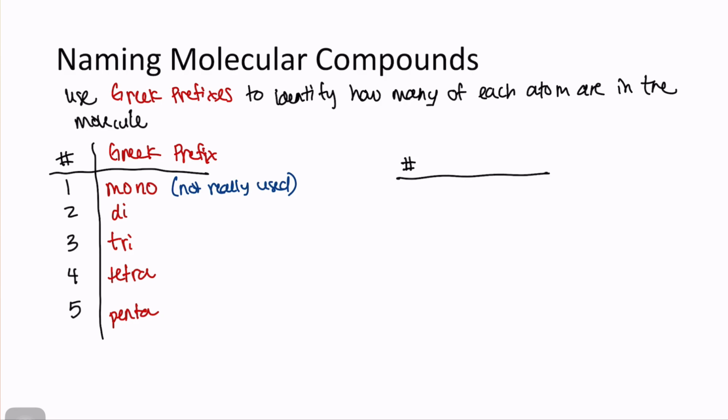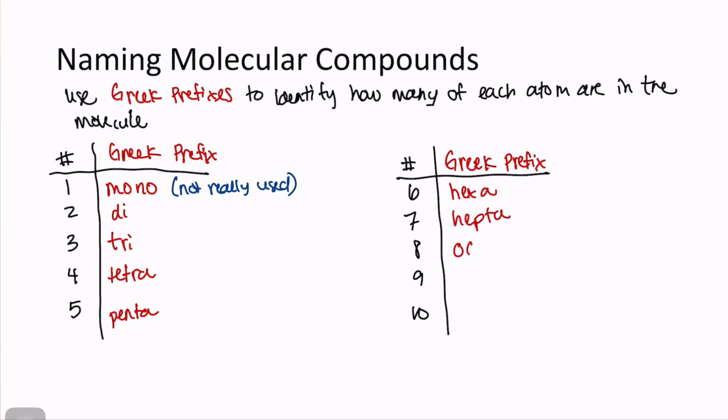So let's make another table over here with 6 through 10. 6 is hexa, 7 is hepta, 8 is octa, 9 is nona, nona, not no no, and then 10 is deca.